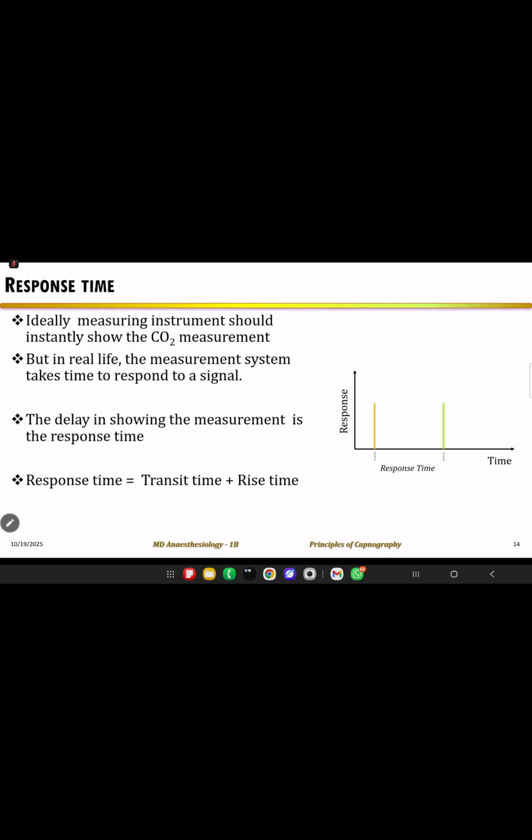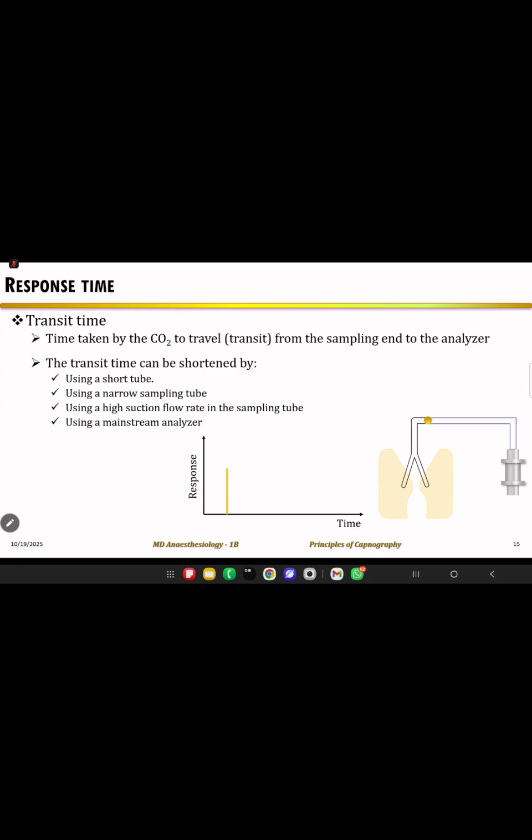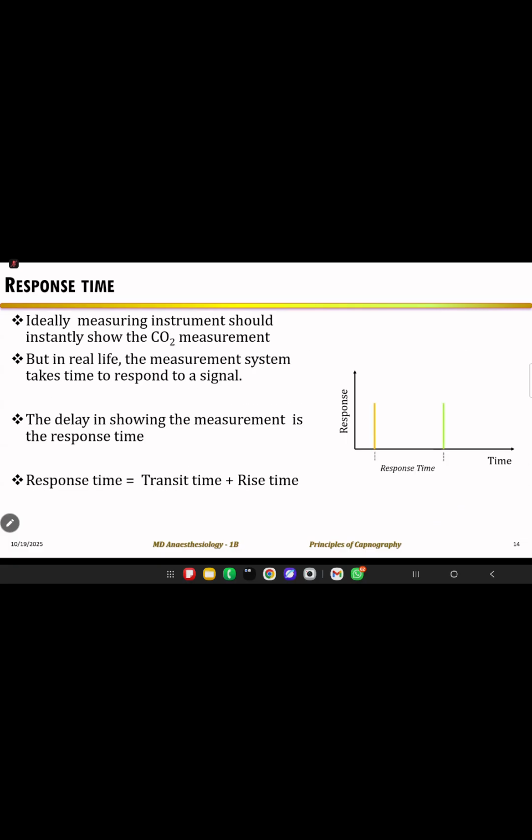The green one is the recorded value. And the time is on the x-axis, right? When the response is there, it takes some time to show that response. So this time taken from the actual happening to the display value, that is the response time.